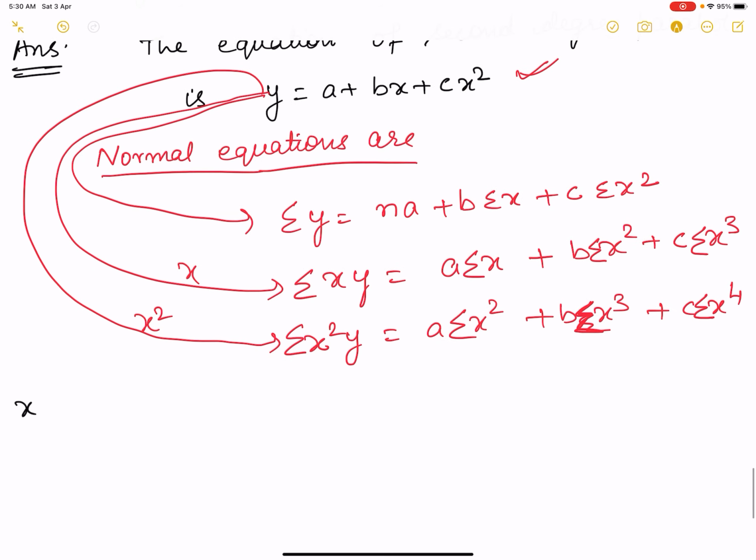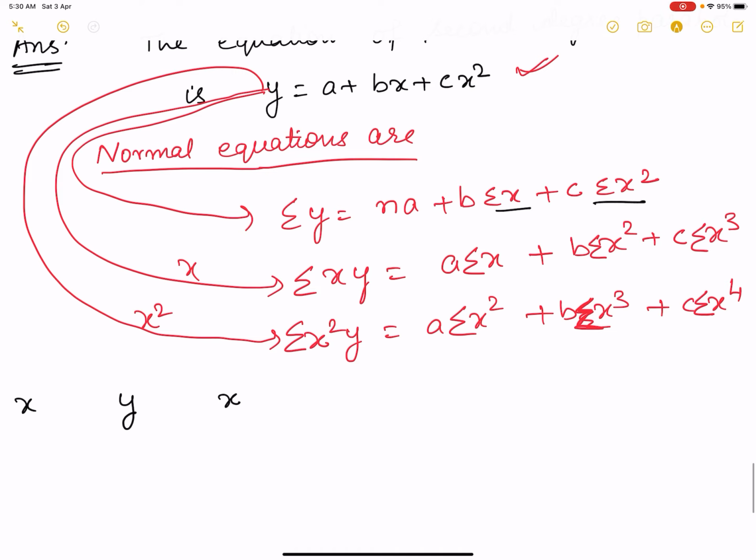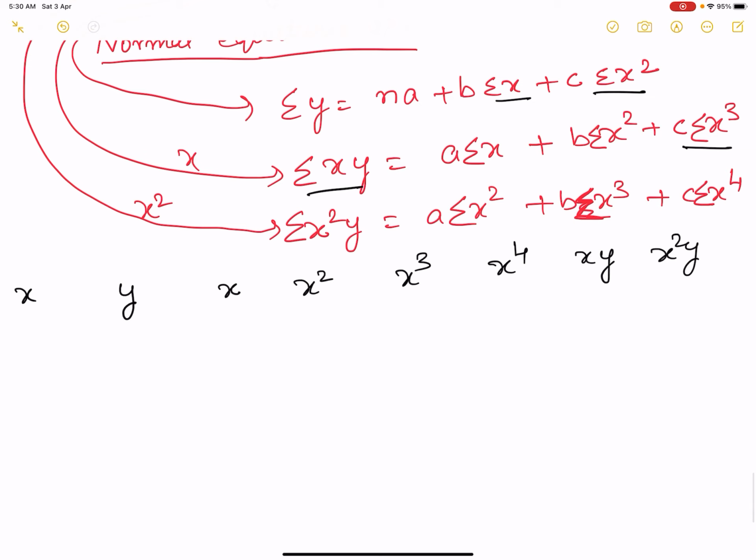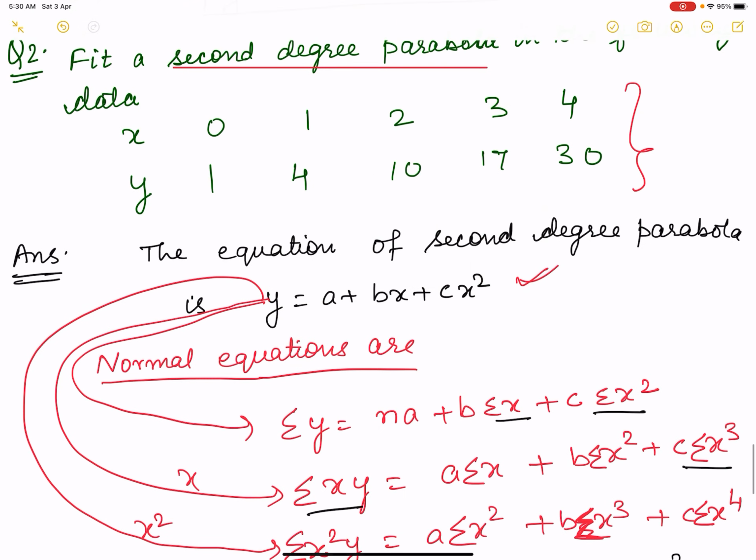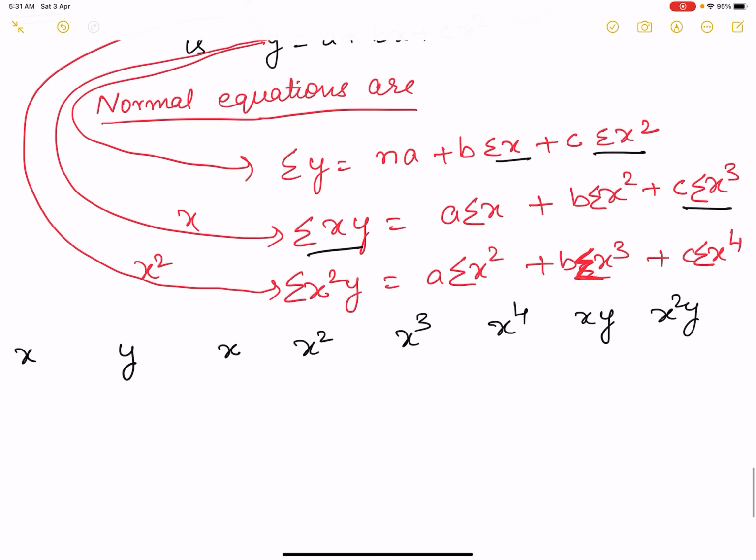Now go to the given data, find the value of x square, then x cube is needed, then x4 and xy, which is needed in the second equation, similarly x square y. Do all sort of calculation. The question is 0, 1, 2, 3, 4.